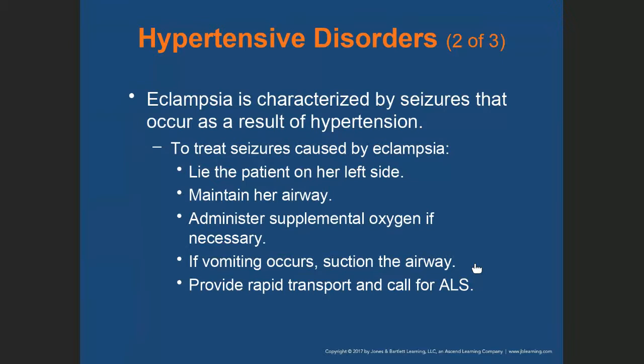To treat seizures caused by eclampsia, lay the patient on their left side, maintain their airway, and administer supplemental oxygen if it is necessary. If vomiting occurs, be prepared to clear their air passage, provide rapid transport, and request ALS. If these seizures continue, they will need medication to stop the seizures, which is magnesium sulfate.